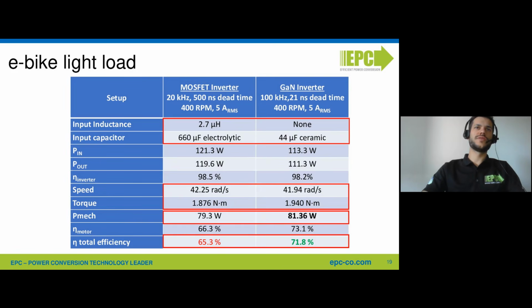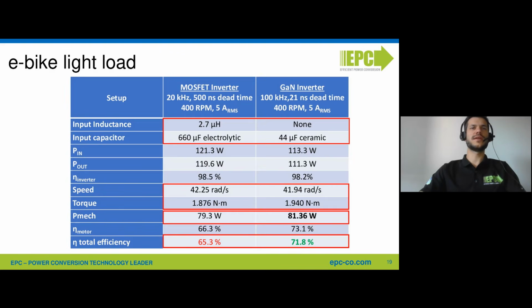The goal of these measurements was to show that for a certain motor, measuring the output mechanical power delivered from the motor to the load, and measuring at the same time the input power required by the inverter, the overall efficiency of the system was higher in the case of the gallium nitride. So I'll just focus on the efficiency.